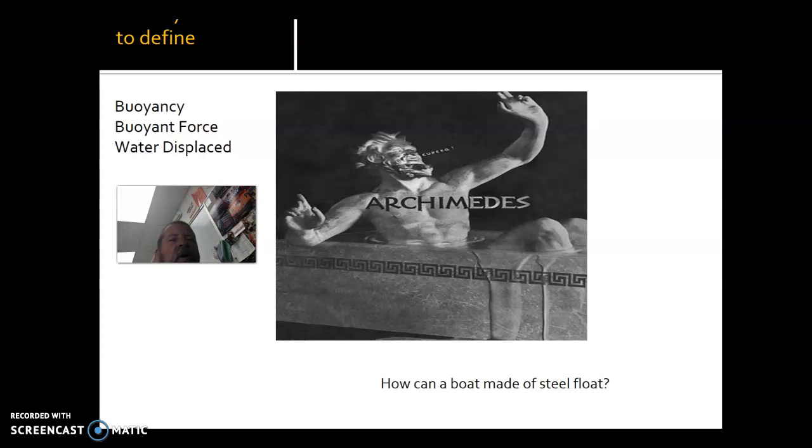Archimedes lived on the Mediterranean in ancient Greece, and the big challenge was how many clay vessels of wine can I put on a boat and get it across the Mediterranean to Africa, and then I can bring back corn from Africa. So you wanted to get as much wine on a boat as you could, and the big challenge was how much weight a boat can hold up, and Archimedes came up with Archimedes' principle.